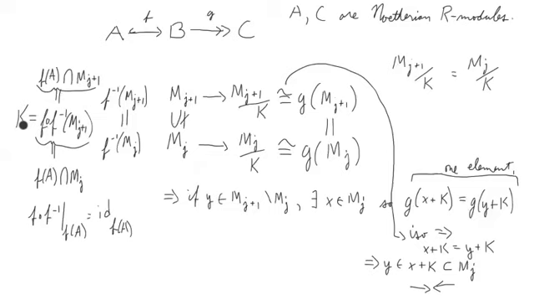Now think about what K is. The map F right here, we can think of F(A) as being the kernel of G because this is an exact sequence. And it's an injection here.